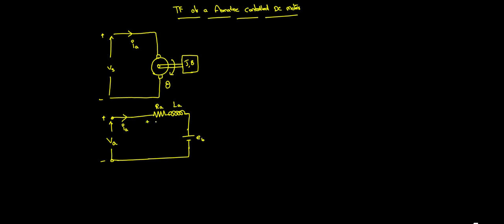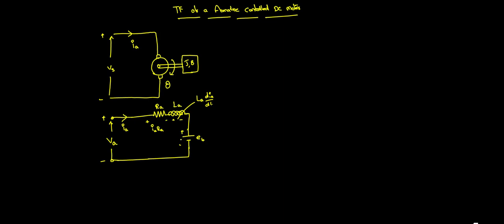The drop across the resistance is IA RA, and the drop across the inductance is LA dIA by dt, and obviously there is a back EMF.